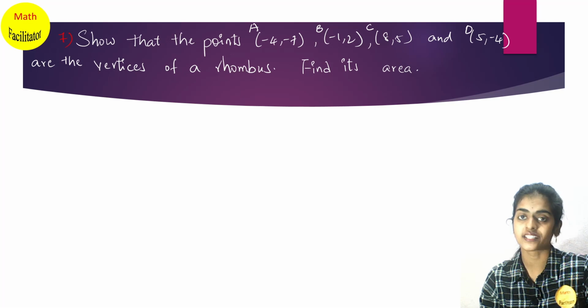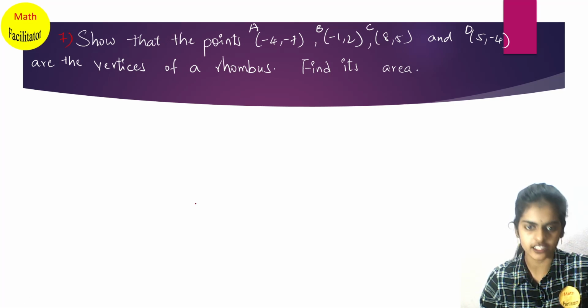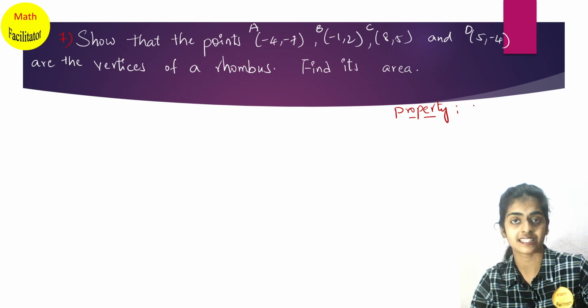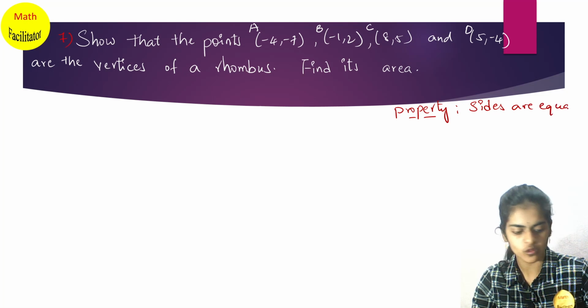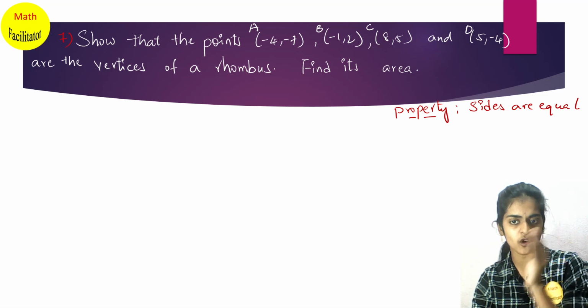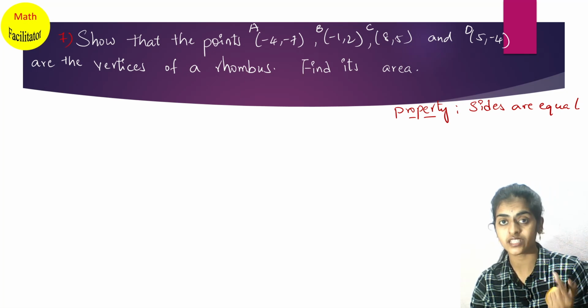So what is the property of a rhombus? Firstly, to find anything, you should know the property. The property of a rhombus is that all the sides are equal. A similar question we have done, wherein 4 points are given to you, and you have to find if the points belong to a square or not.